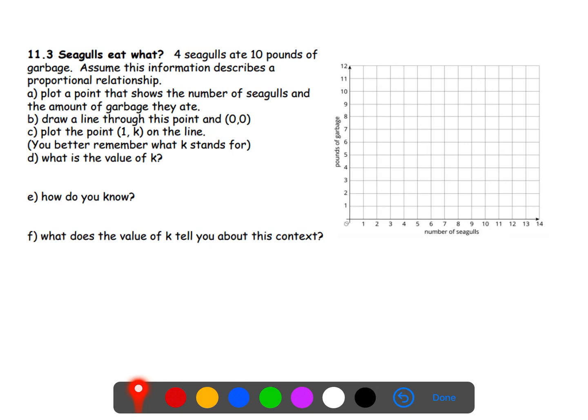We were told that point. It's right there. 4 seagulls ate 10 pounds of garbage. So now we just need to be aware of how our graph is labeled. The number of seagulls is here on the x-axis. So I need to go to 4, being the number of seagulls, and then up to 10 pounds of garbage.